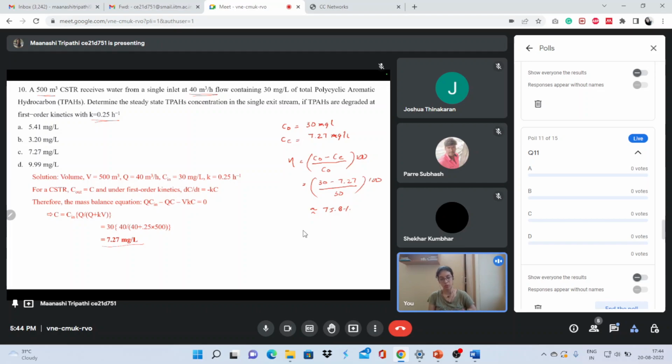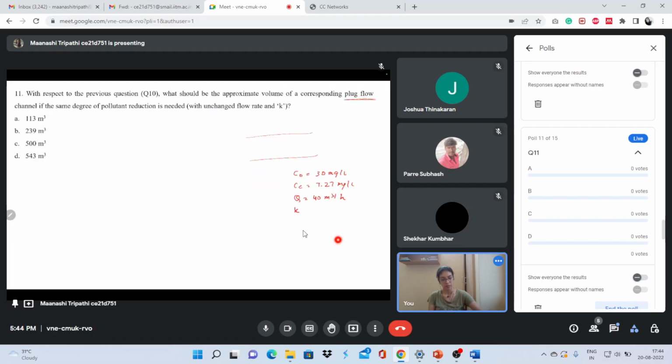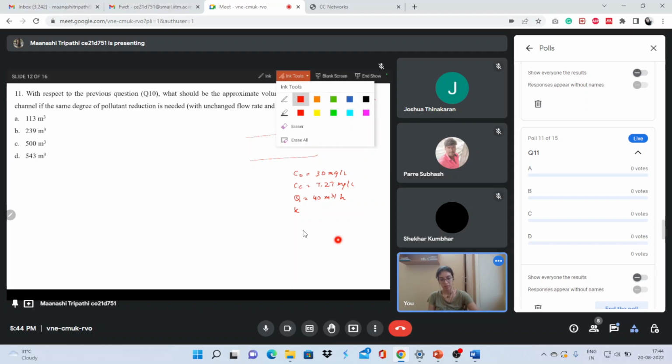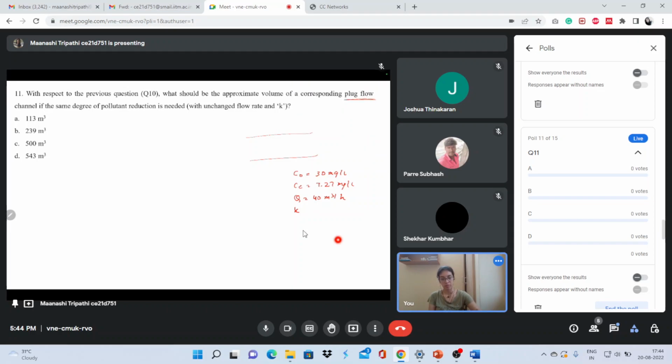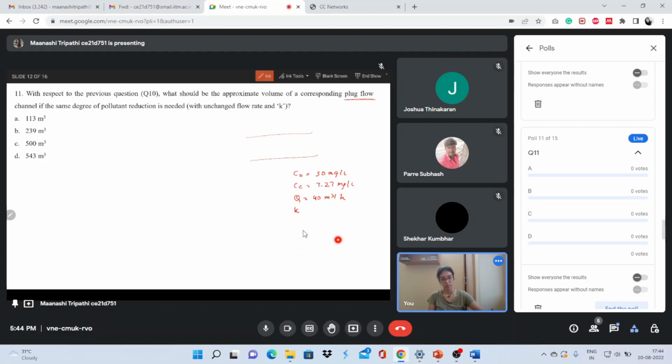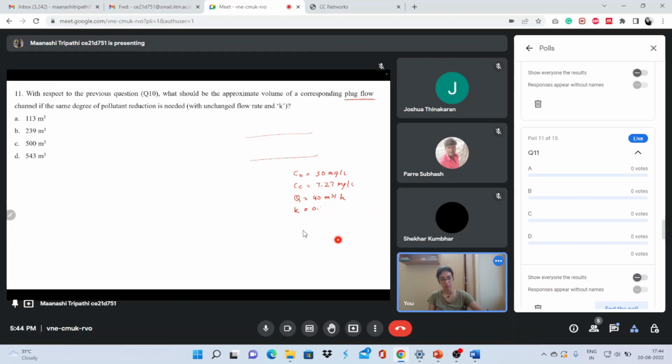K was 0.25 per hour. What will be the volume of the plug flow reactor? We'll see the solution.